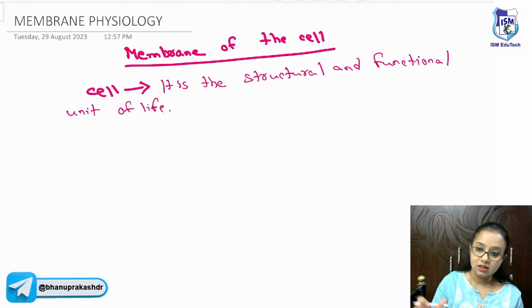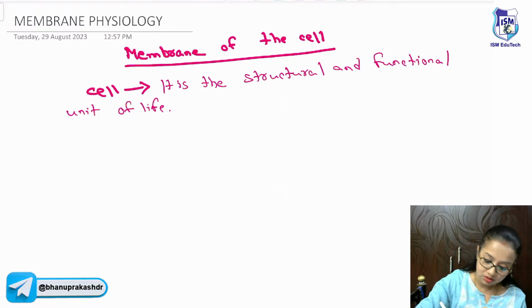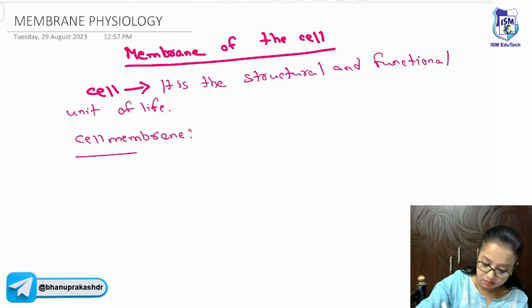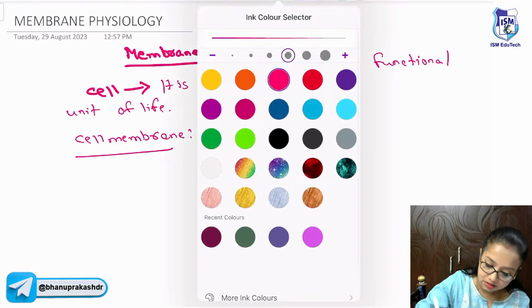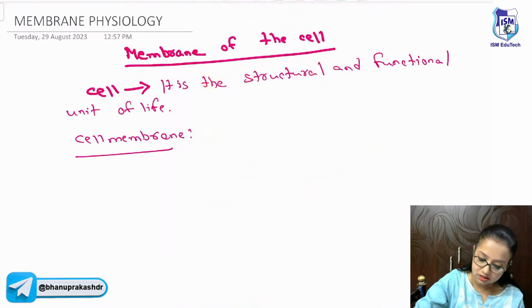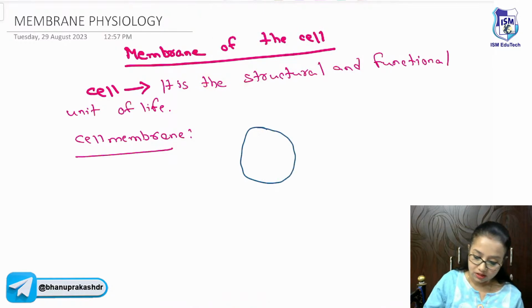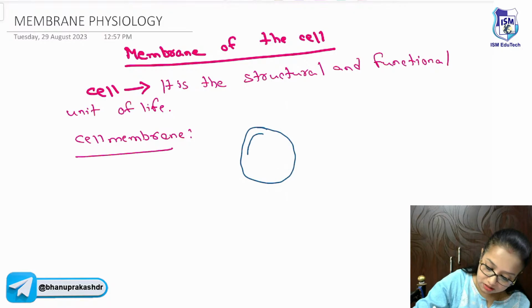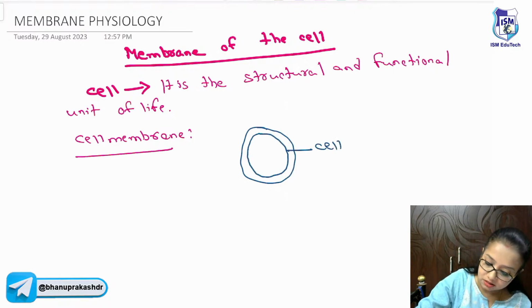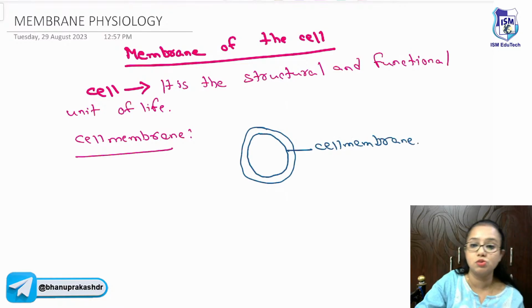Now the outer covering of the cell is the cell membrane. If I am drawing this as a human cell, the outer covering of the human cell is the cell membrane. Now, the cell membrane plays a very important role.